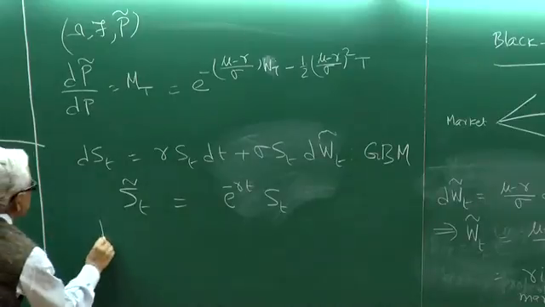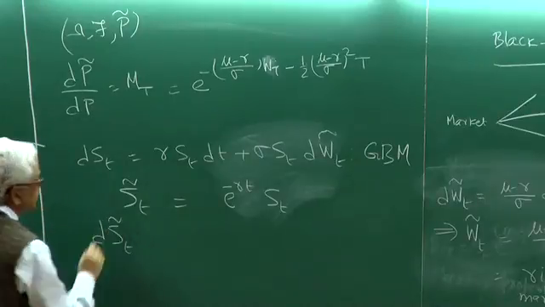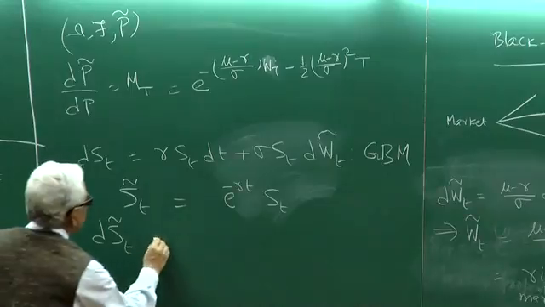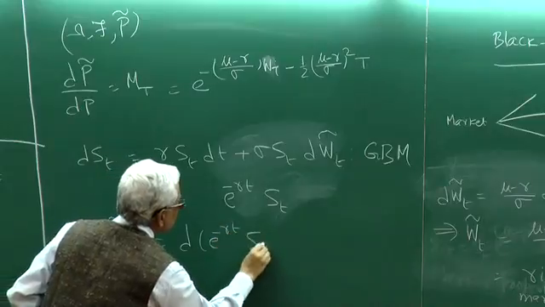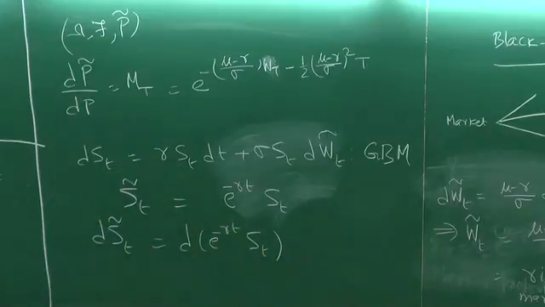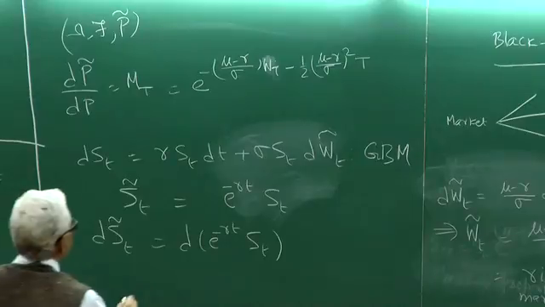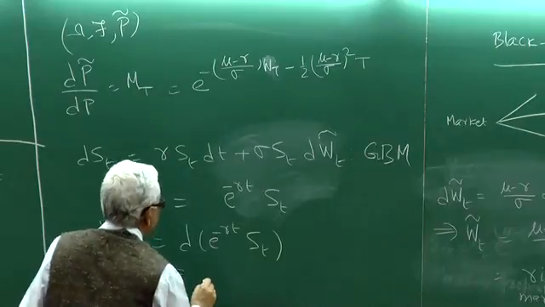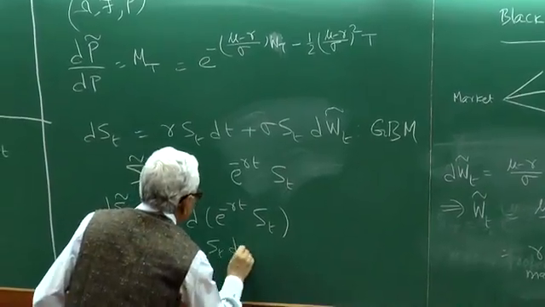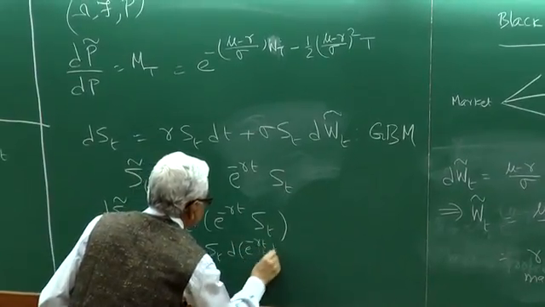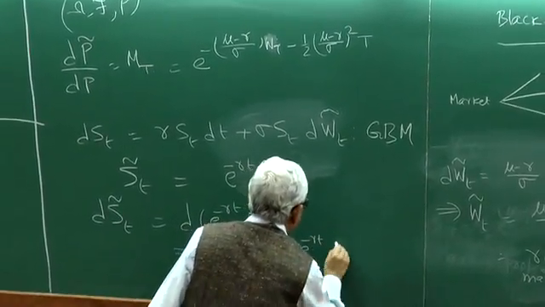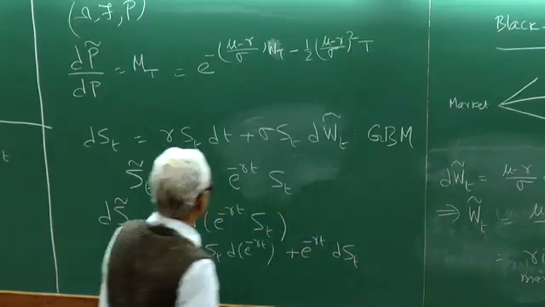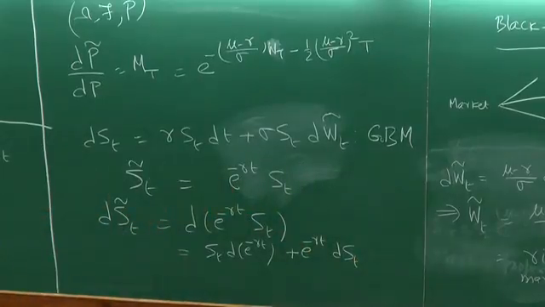So what is dSt tilde? dSt tilde is d of e to the power minus rt St. Is that okay? So this is the chain rule. This is St times d of e to the power minus rt plus e to the power minus rt times dSt. Chain rule.